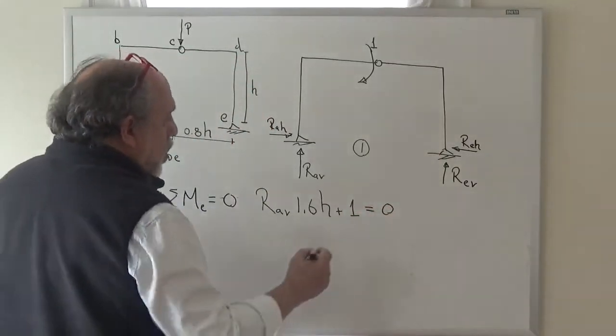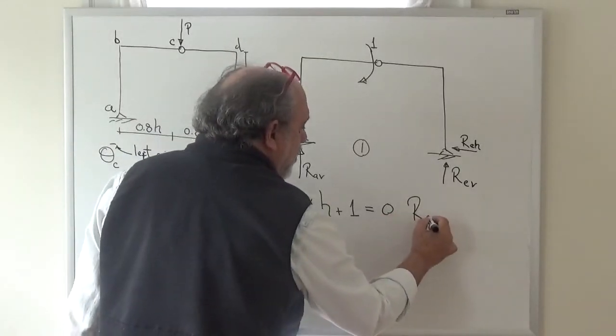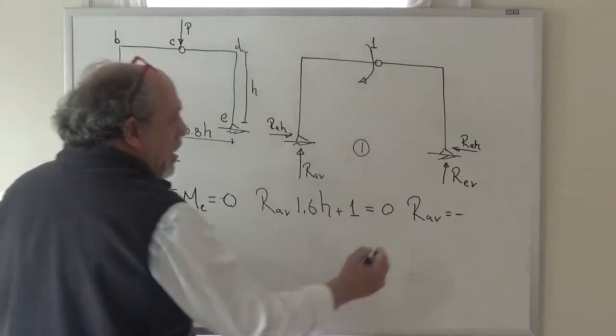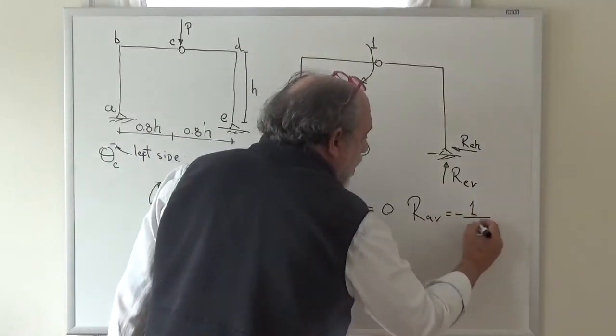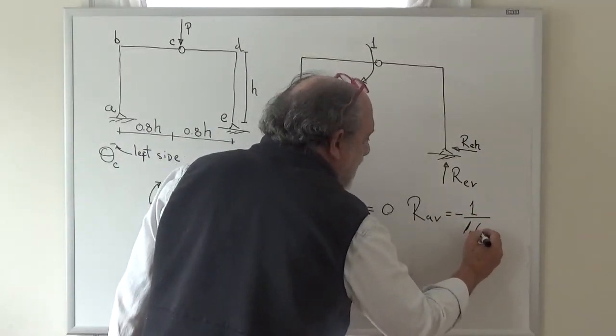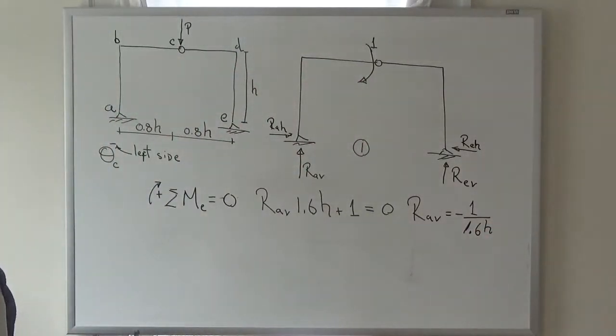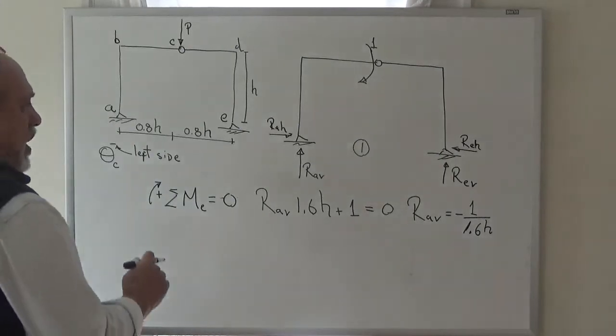From where we conclude that RA vertical is equal to minus 1 over 1.6 H.